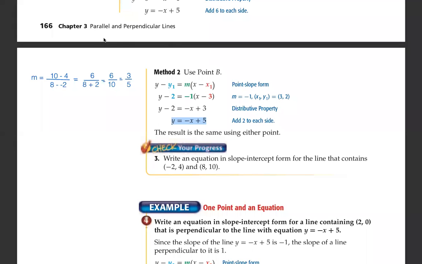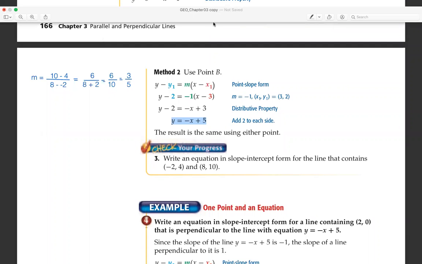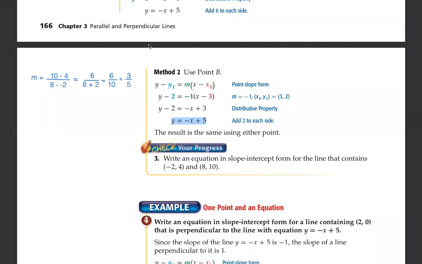Okay, so our m is 3 over 5. Now, we'll use this m together with our first point or our second point. So if I choose the second point, then it will become using m equals 3 over 5 and the ordered pair negative 2, 4.